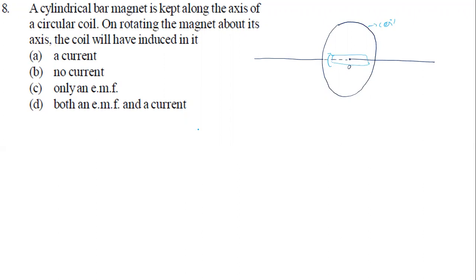There is an EMF only when there is a change in flux. Here we are rotating the magnet along the axis, so the flux linked to the coil remains constant. As it remains constant, there is no EMF and no current. There is no option here for no EMF. So there is no current at all, and B is the right answer.